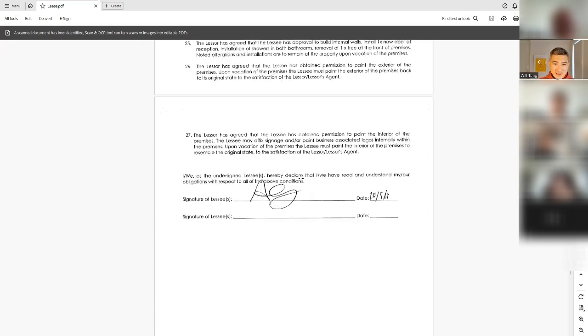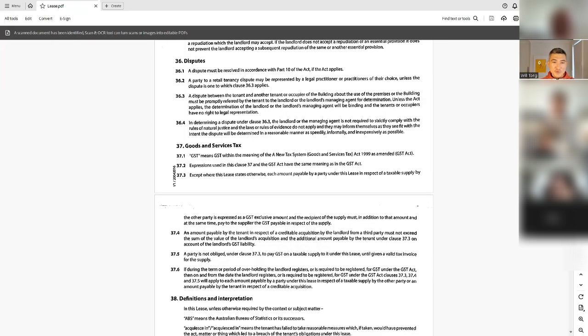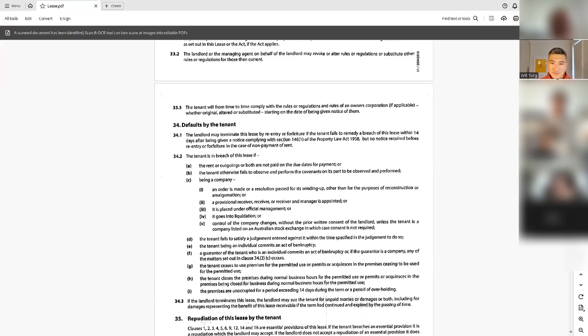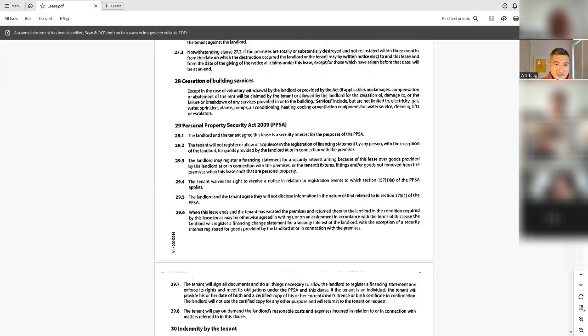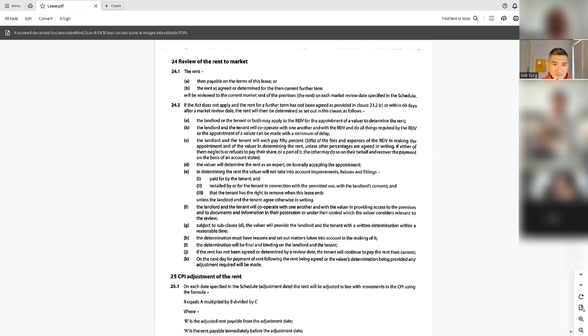So I'm not going to read this word for word today, but yep, there's a make good provision in there. Great. And then I'm going to go back to the rental review definition and see what the rental review calculation is. So have a quick read. Yeah, so standard. Basically it says valuation, landlord and tenant pay 50-50 of the valuation.